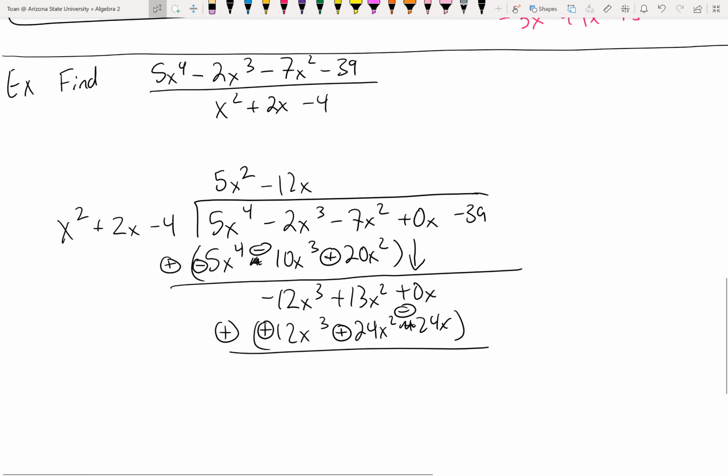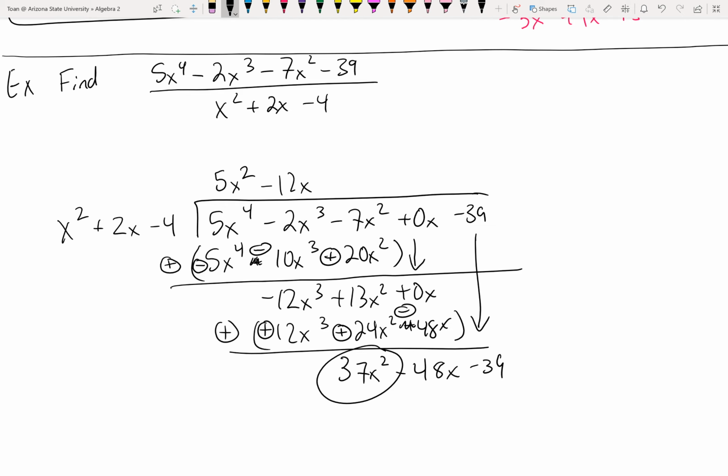The x cubes are gone. The x squared gives me a positive 37x squared. The x gives me a minus, what's that? Oh, actually, sorry. 12 times 4 is 48. So that'd be a minus 48x. And then bring down the minus 39.